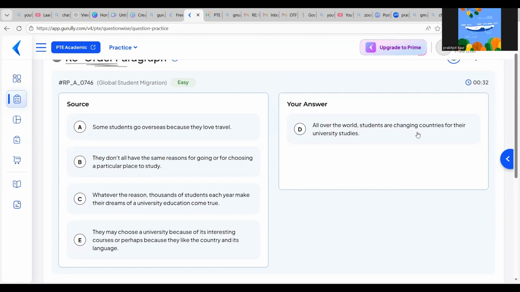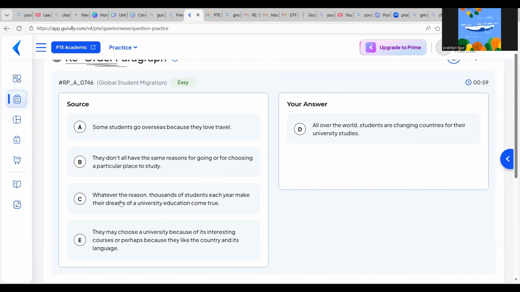So what happened? Some students go overseas because they love travel. No, they don't all have the same reason for going or for choosing a particular place to study. So changing countries, they don't all have the same reason.